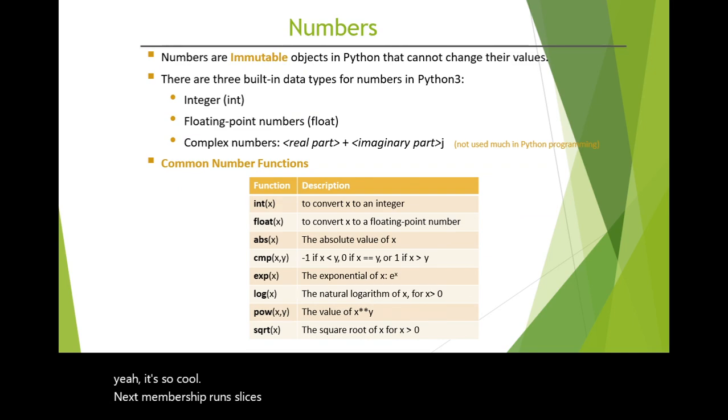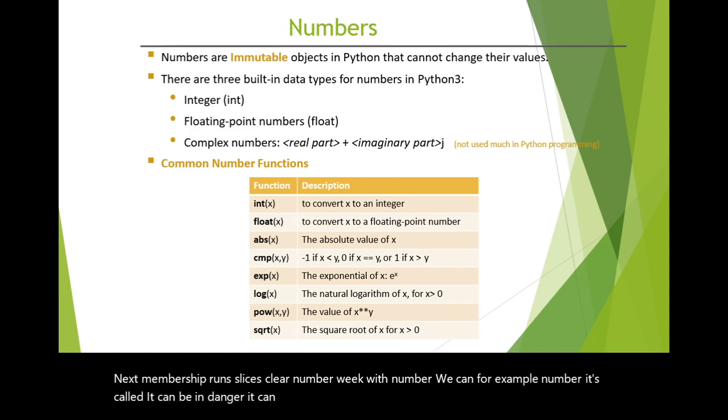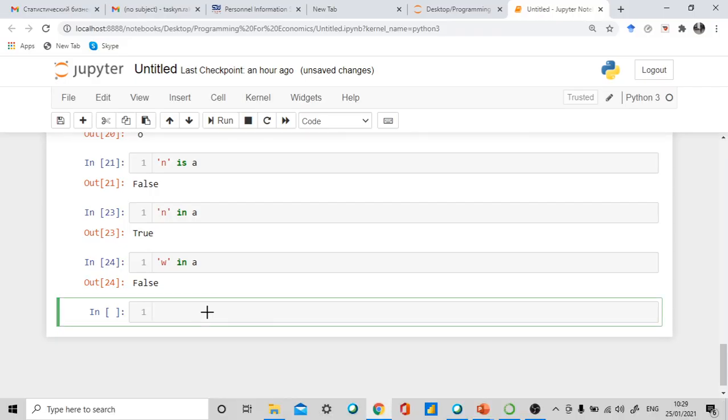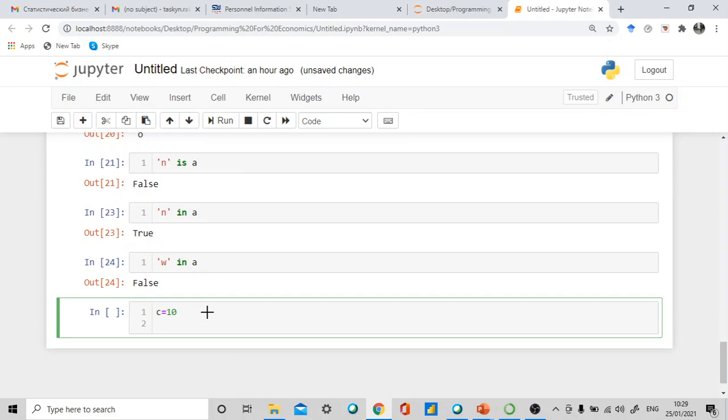Number. With number, for example, it can be integer, it can be float, and regarding that we have two data types, integer data type and float data type. For example, C is 10, D is 12.